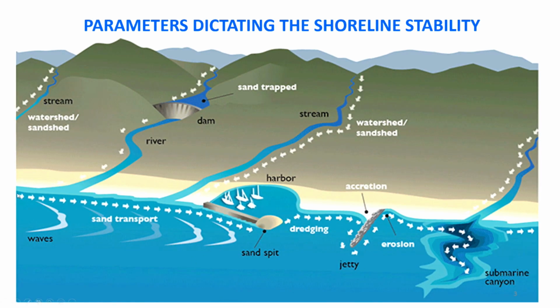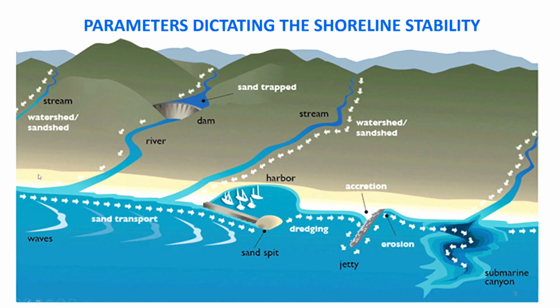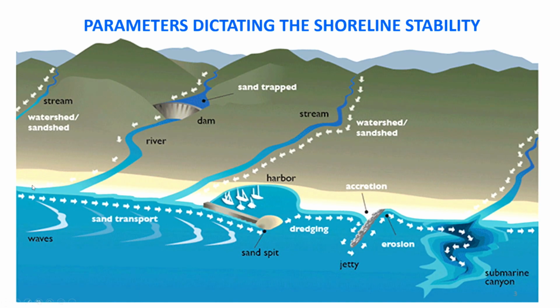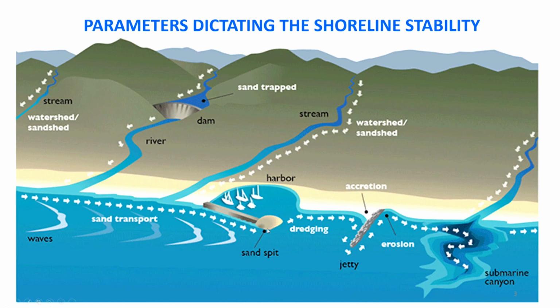Now let us look along the coast. So this sandy surface you see is defined as the beach. The line separating the sand and the water is the shoreline. And the types of structures you construct are all shown here.